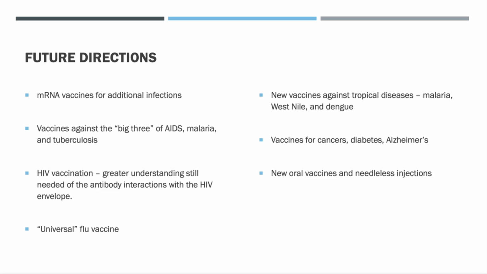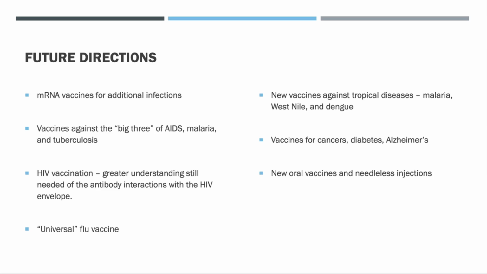For HIV too, we're still trying to gain some understanding of parts of the virus that can really provide immune protection against the virus. There's interest in a universal flu vaccine, of course, and then vaccines against some tropical diseases, malaria, we mentioned, West Nile, and dengue.